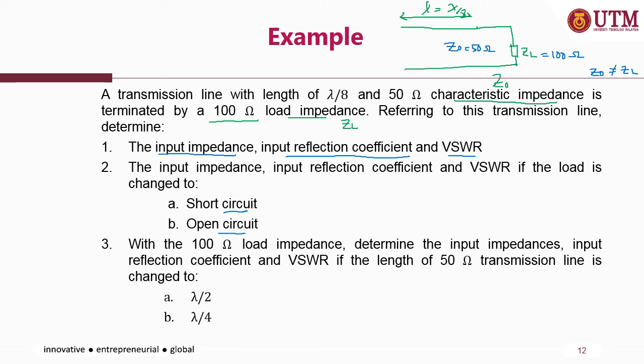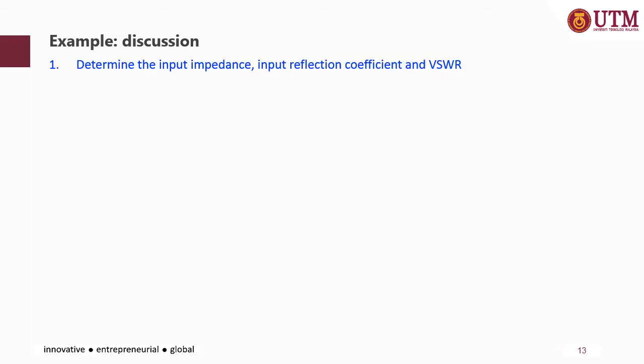And the third one, with the 100 ohm load impedance, the same load impedance, determine the input impedance, input reflection coefficient, and VSWR if the length of the 50 ohm transmission line is changed to lambda over 2 and lambda over 4. When you change the length, it means there are special cases to be considered.